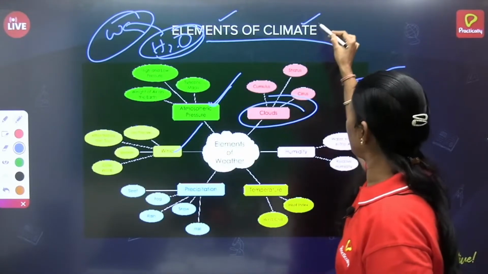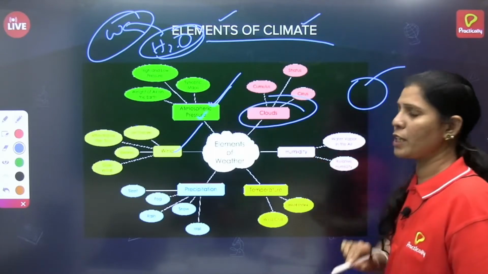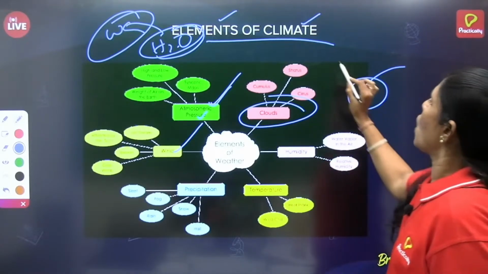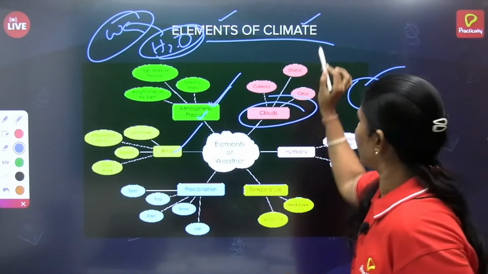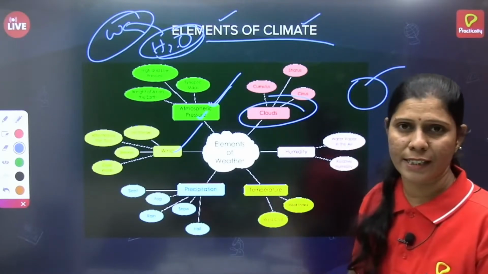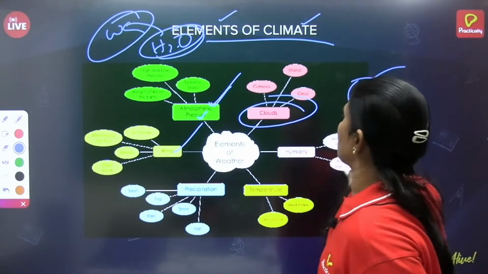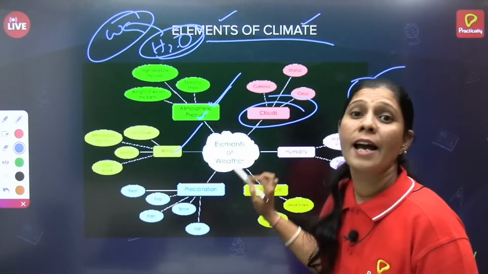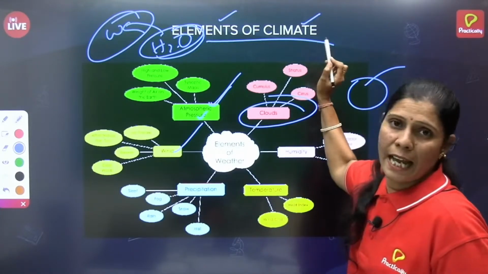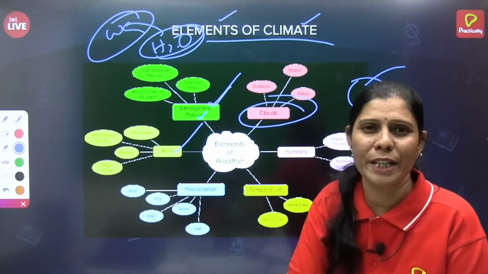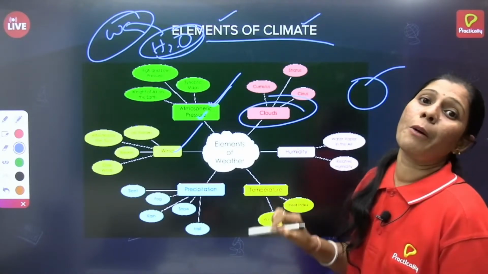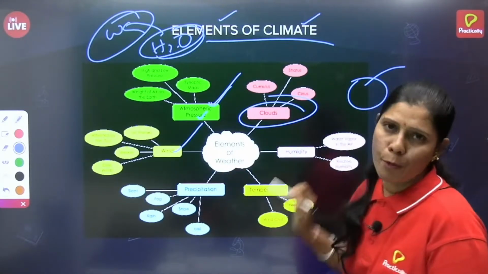Like that, we cannot consider only atmosphere for climate, only clouds, or only humidity. We look at all of this together in considering a place's climate. A particular place's climate has to be calculated, so all these elements are important.